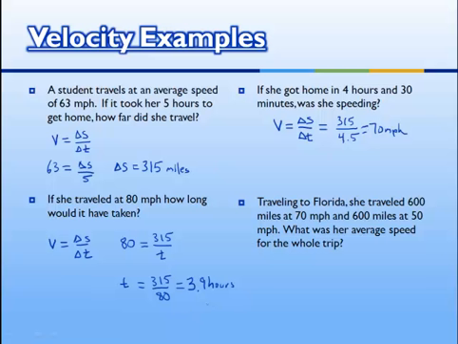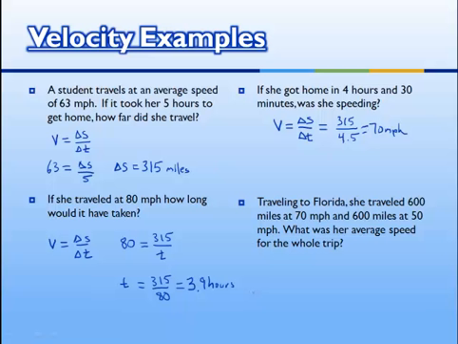Finally, when traveling to Florida, she averaged 600 miles at 70 miles per hour, and then averaged the other 600 miles at 50 miles per hour. We'd like to know what her average speed for the whole trip is. The quick answer might be to say 70 miles per hour for half the trip and 50 miles per hour for half the trip, so the average must have been exactly halfway in between, 60 miles per hour.